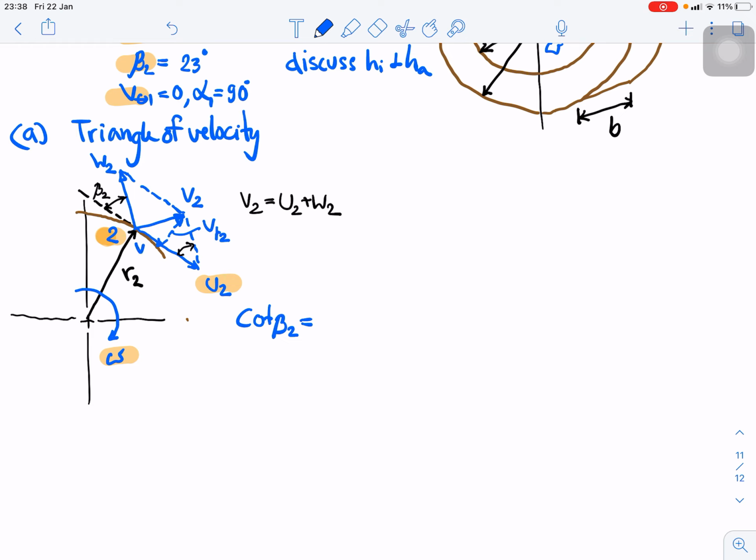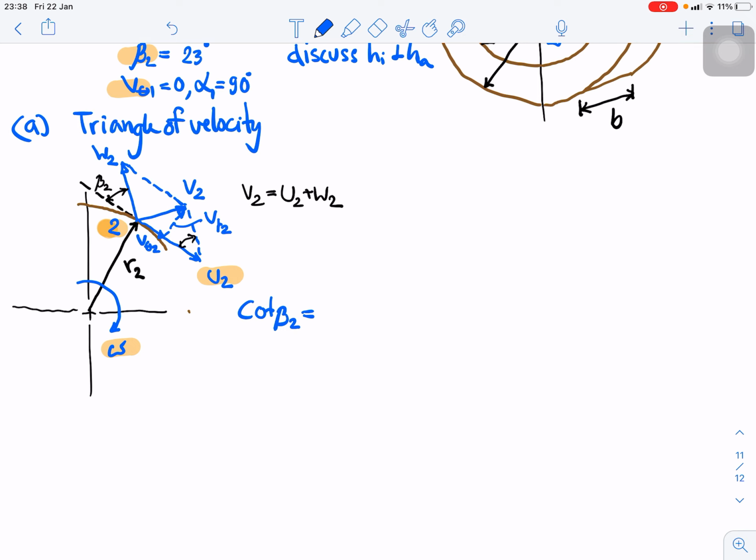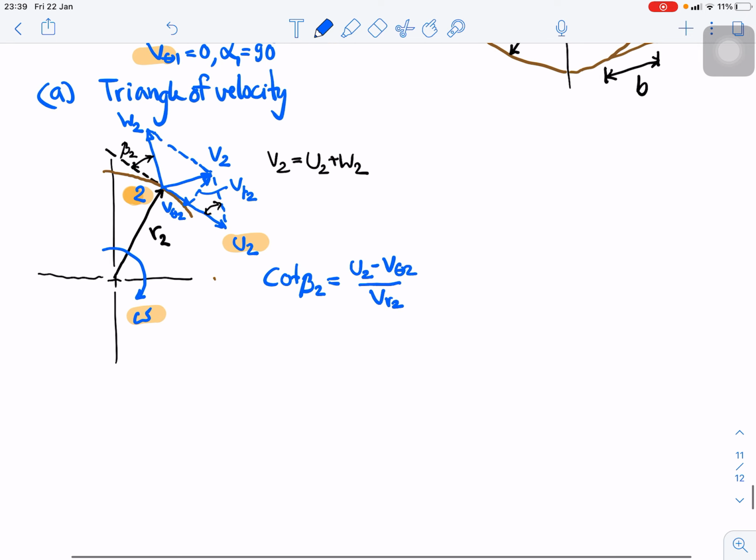So this is v theta 2 to this point. For v2 we divide into VR2 and v theta 2. And the difference on top is u2 subtract v theta 2, divided by VR2. Okay, that is cot beta 2.